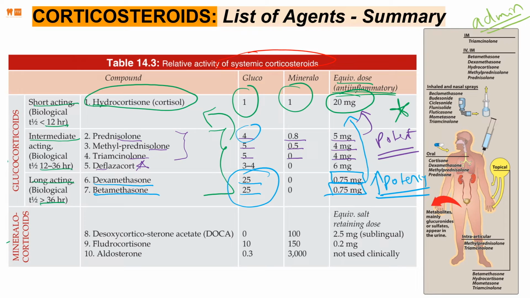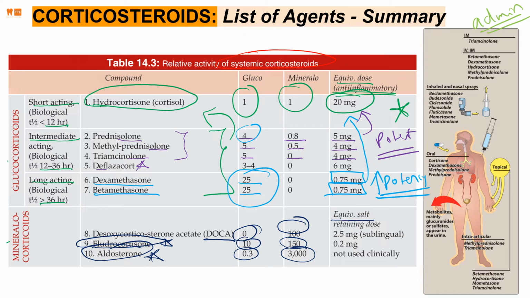Moving on to mineralocorticoids. DOCA and fludrocortisone are important, and aldosterone is the prototype. Aldosterone has some glucocorticoid activity, but not even close to its mineralocorticoid activity. That ratio is managed with fludrocortisone. Deoxycorticosterone acetate, DOCA, has zero glucocorticoid properties, only 100% mineralocorticoid property.